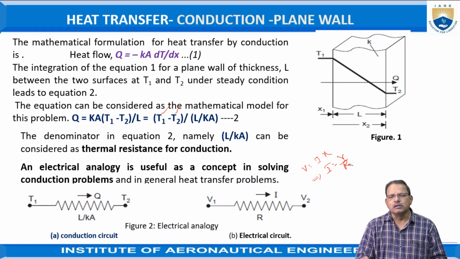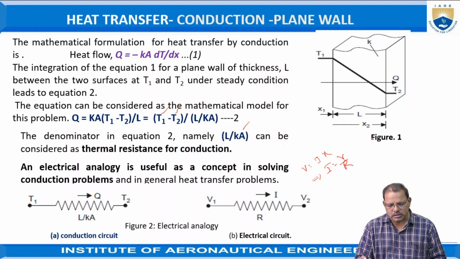So when comparing these equations with heat energy flowing through conductive materials, R is represented by L by K A, the thermal resistance of the material.